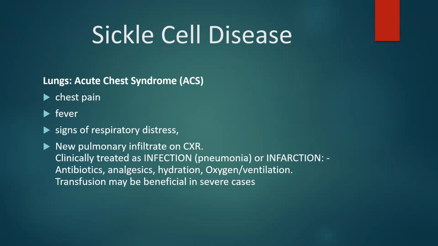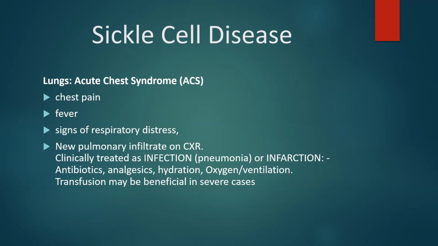When the patient comes and clinically we pick up that it is acute chest syndrome, the patient is supposed to be treated as an infection, pneumonia. So antibiotics, analgesics, and hydration are key in this case.